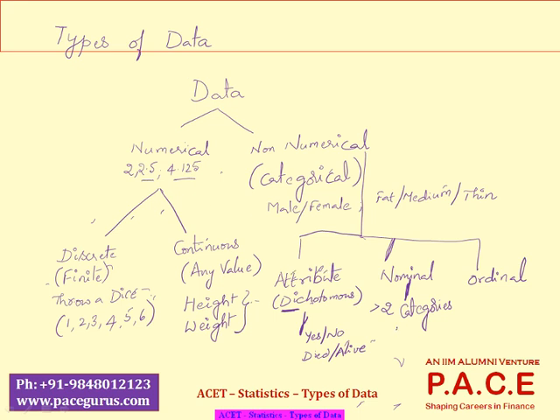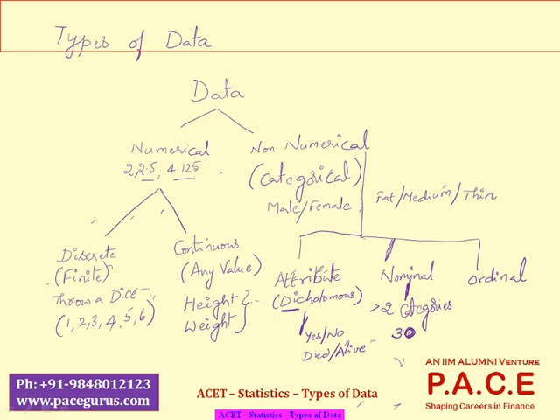So we have, let's say, 30 odd states in a country. Those 30 states can become nominal data because they are categories. Probably I may say 1 means Andhra Pradesh, 2 means Bihar, etc. In that case, I am giving some numbers to these 30 different states in some order.